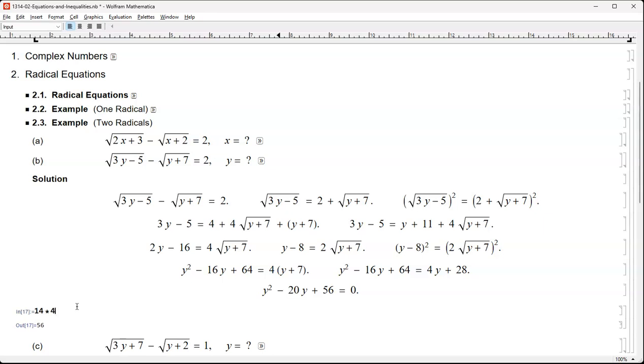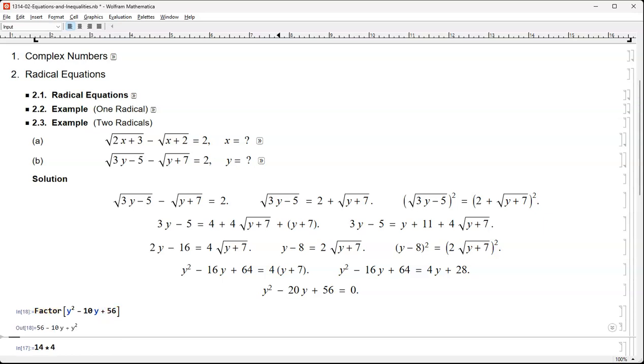Factors of 56 adding up to negative 20. Oh, it cannot be factored?